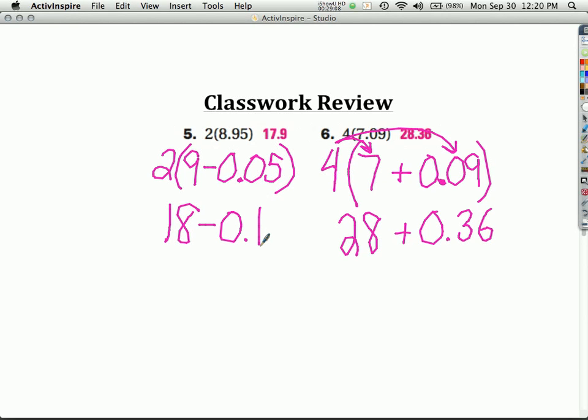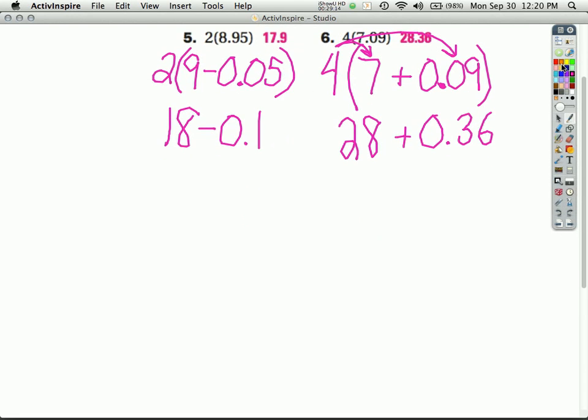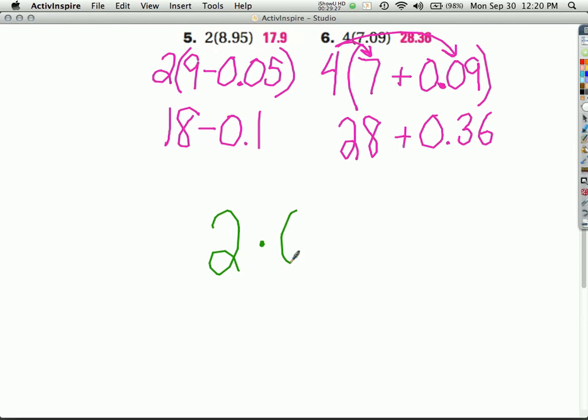So some of you are struggling with the mental math aspect of this, and I'll take a moment to go over that. You guys are very bright with math, but some of you don't realize how powerful your brain really is. So let me talk about what I just did: 2 times 0.05.